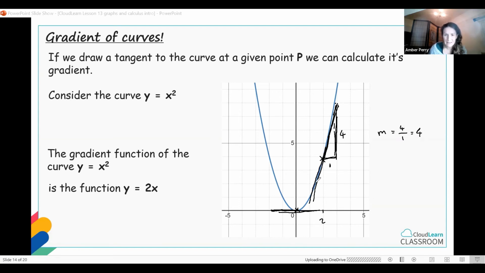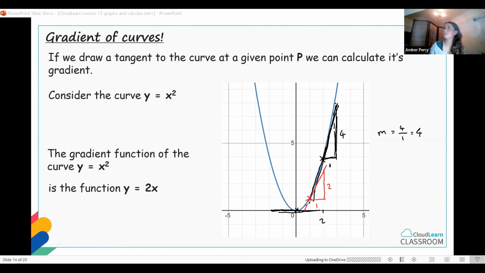If I did that here at the point where x is 1, I'm going to do that with a different color because it's already getting very messy. So I now want to draw a straight line with that tangent, okay, I want to go along 1, and it should go up to 2 there, so that goes along 1 and up 2.